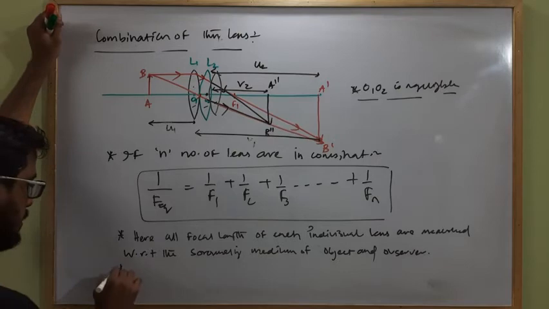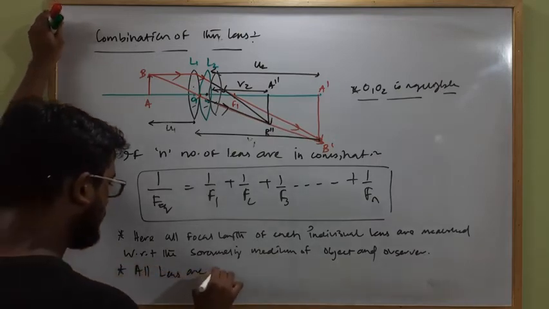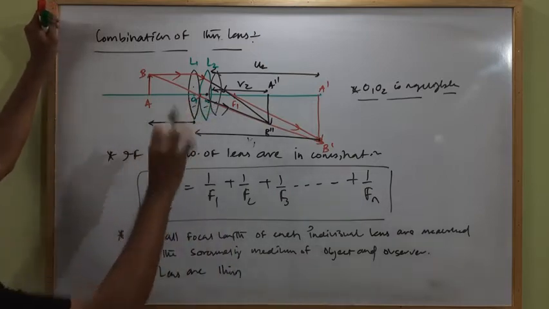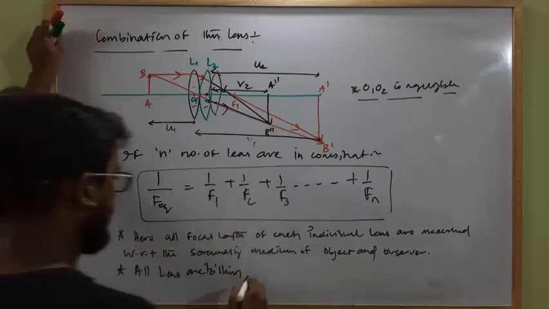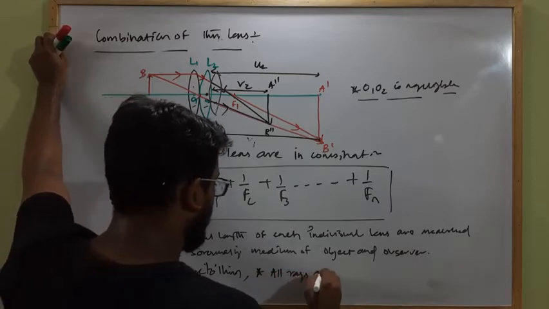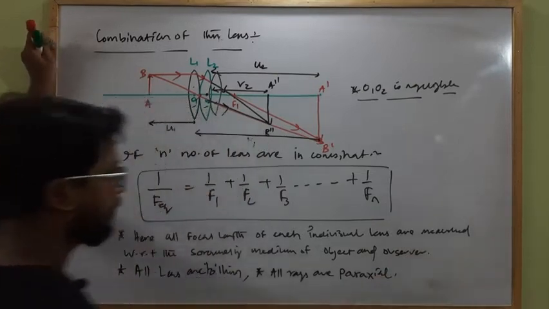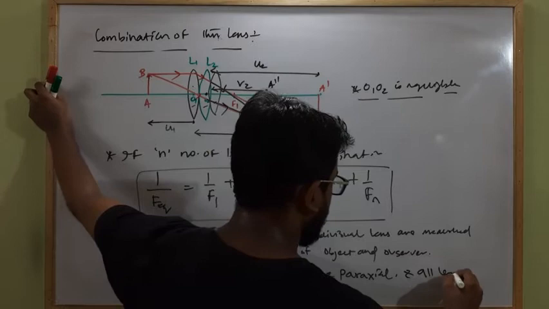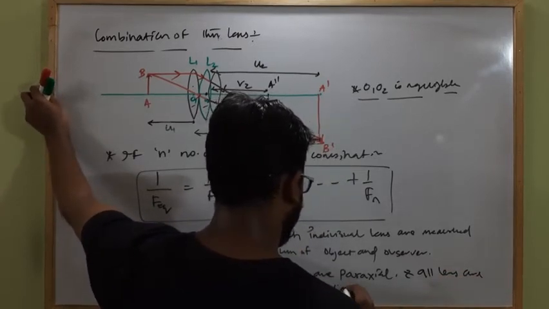Clear? Next, all lenses are thin. All lenses are to be thin, otherwise we can't apply this formula. Next, all rays are paraxial and all lenses are closely connected.